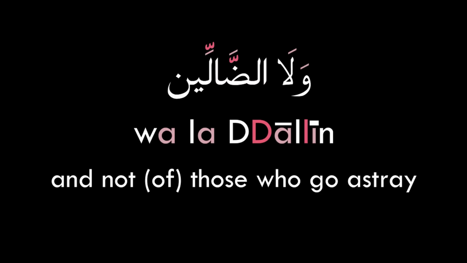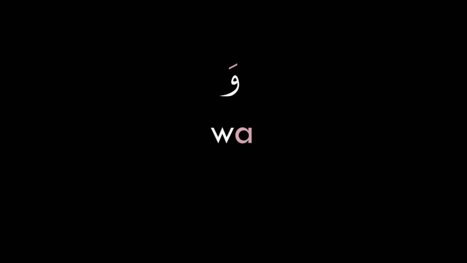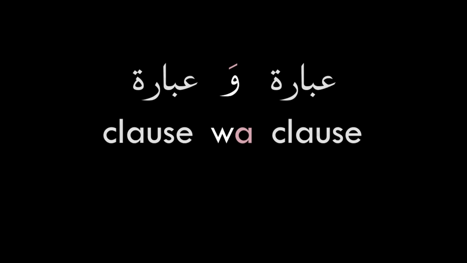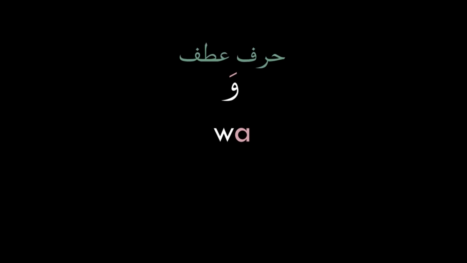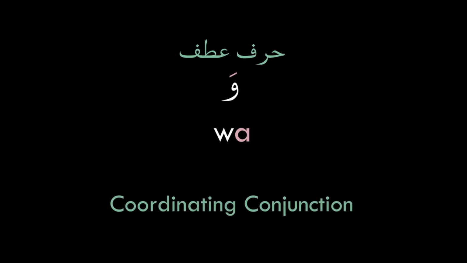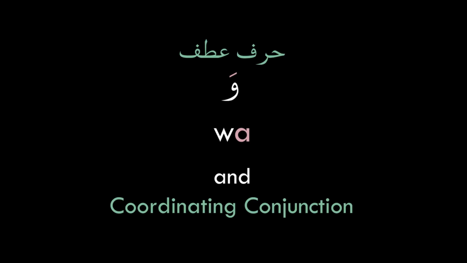The first character is the letter waw, with fatha above it, wa. When this particle comes alone, it functions as a connecting term within sentences to link clauses, phrases, and words. We call this harfu atuf, or coordinating conjunction. It plays the role of "and" in English.